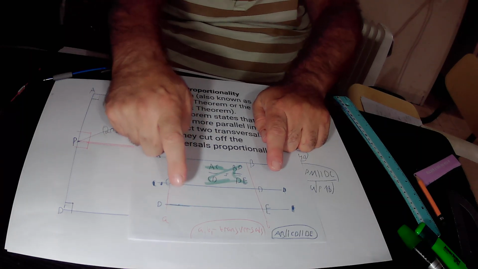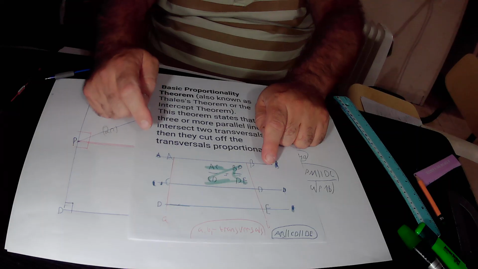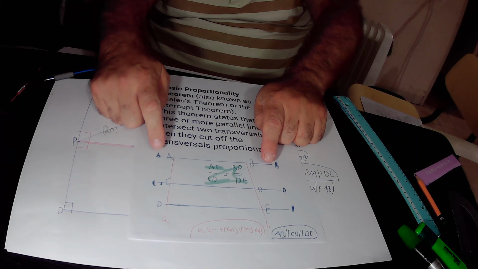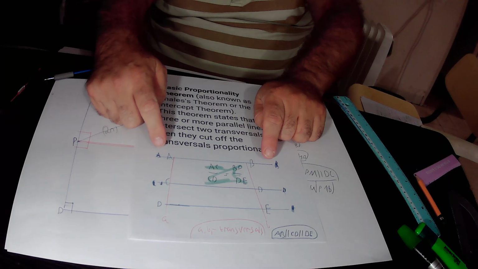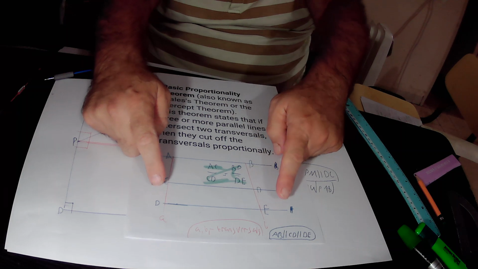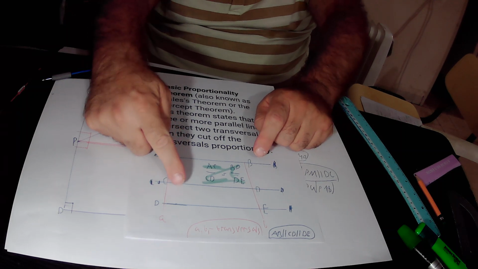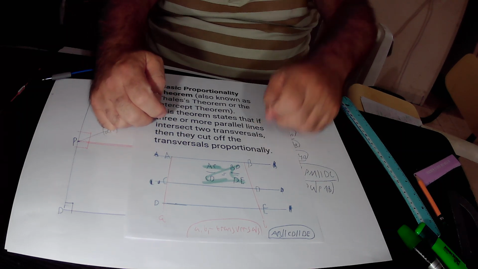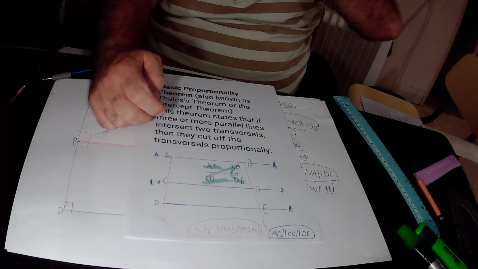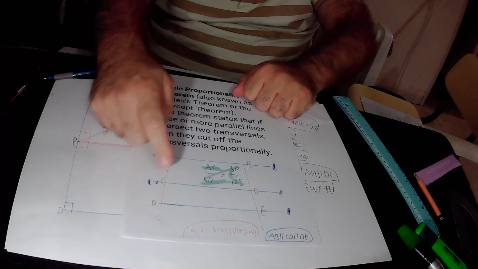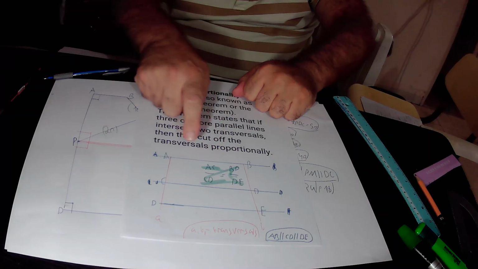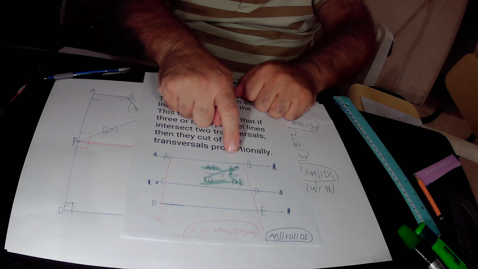The basic proportionality theorem talks about the relation between line A and line B that connect the three parallel lines together. And according to the basic proportionality theorem, AC over CD equals BD over DE.